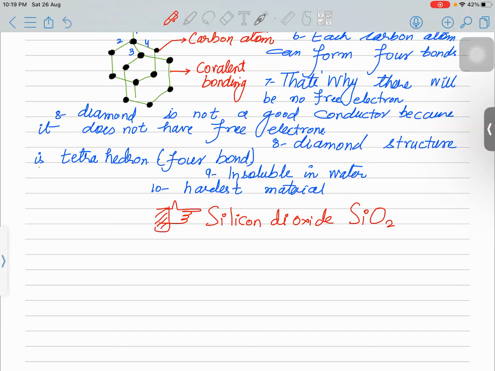Before going to silicon, why was graphite insoluble? Why are graphite and diamond insoluble in water? Because water requires elements which have a negative or positive charge. There is no positive or negative charge in the carbon, in the graphite as well as in the diamond.